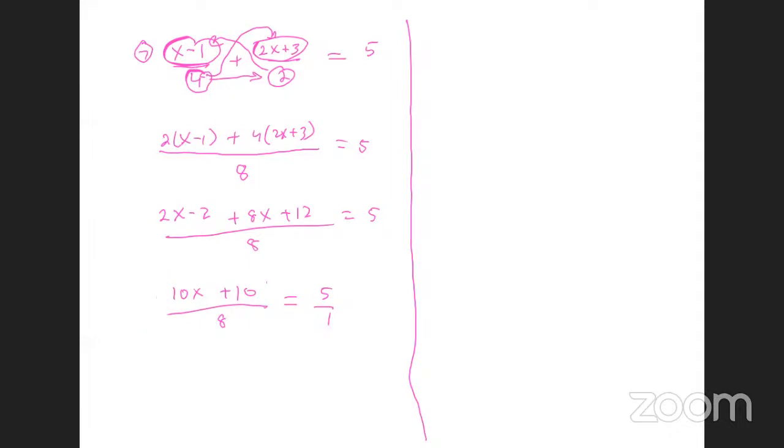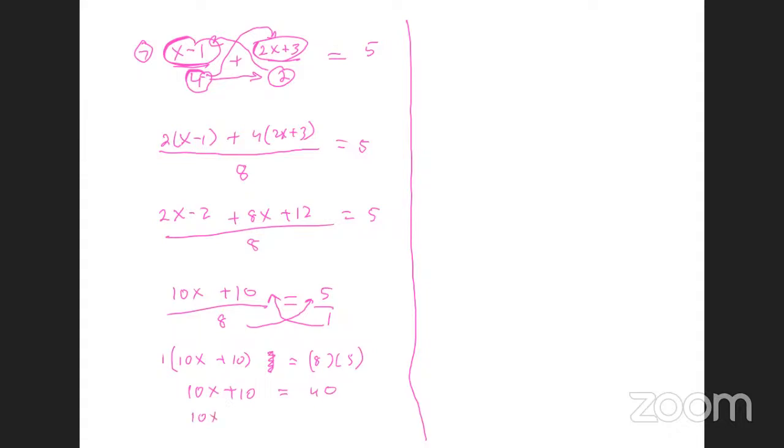So now you cross multiply. You multiply 8 by 5 and 1 by this. So it's 1 by 10x plus 10, and 8 multiplied by 5. So that'll be 10x plus 10 is equal to 40.